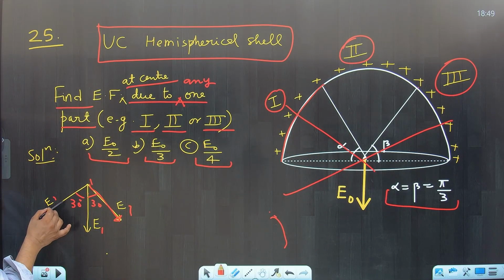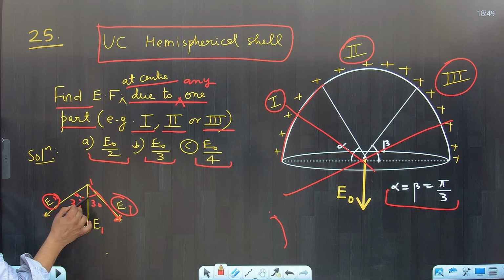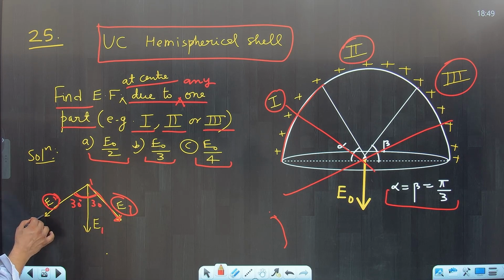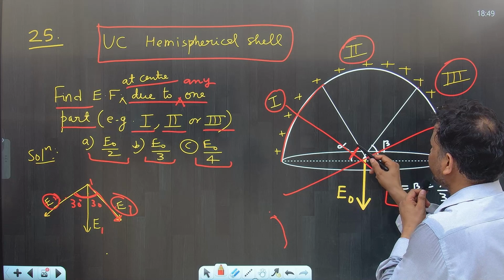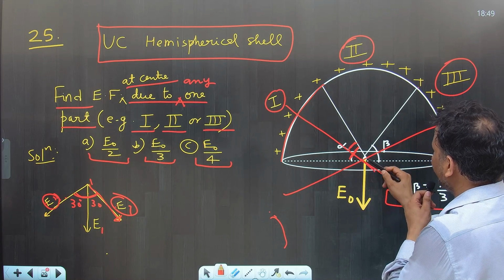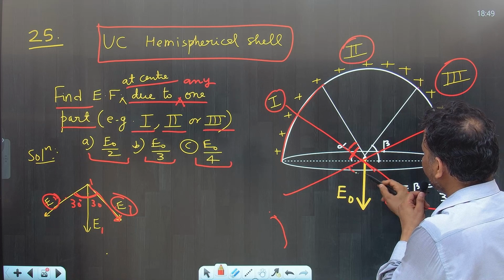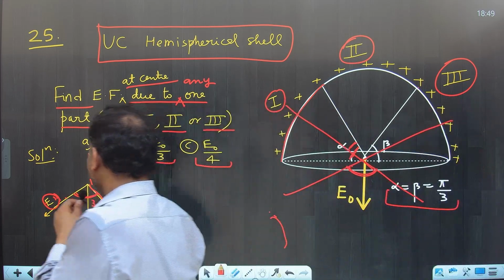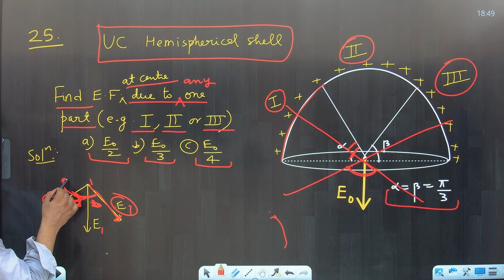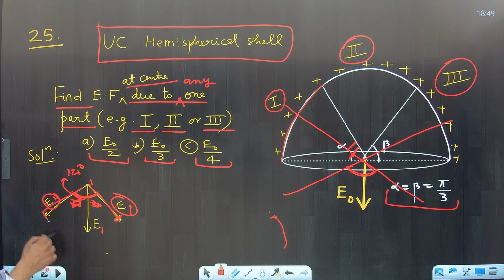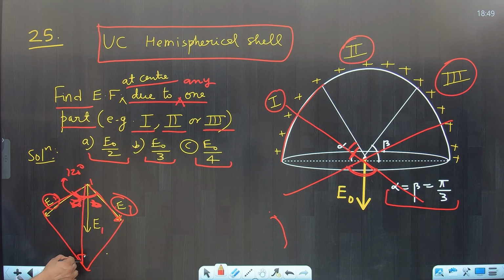See, these E1 and E1 are at 60 degrees, and they are making some angle. This is 60 degrees, this is 30 degrees and this is 30 degrees. I think they are making an angle of 120 degrees. So this E1 and E1 have a resultant, E1 also.